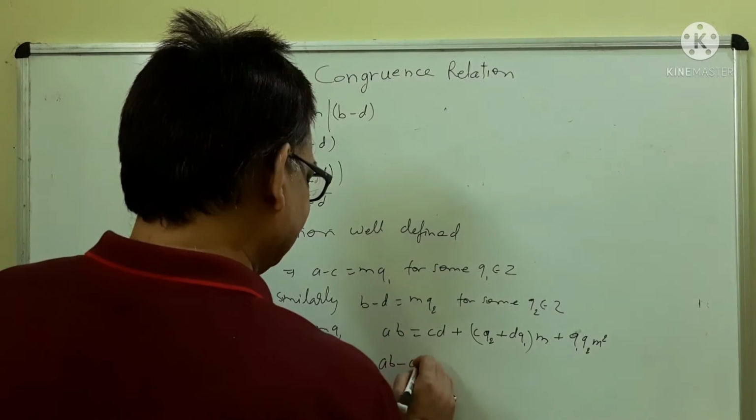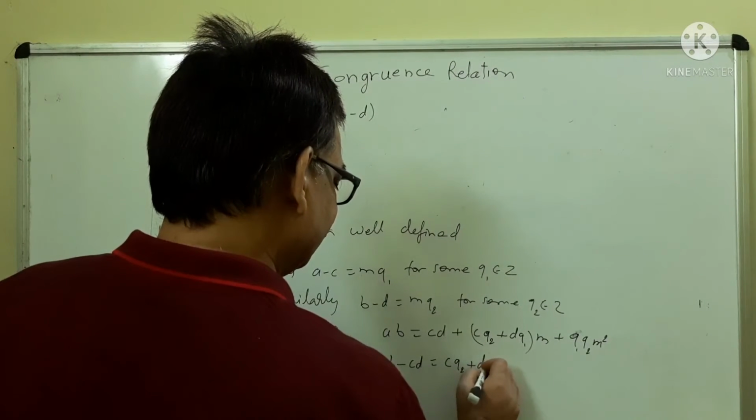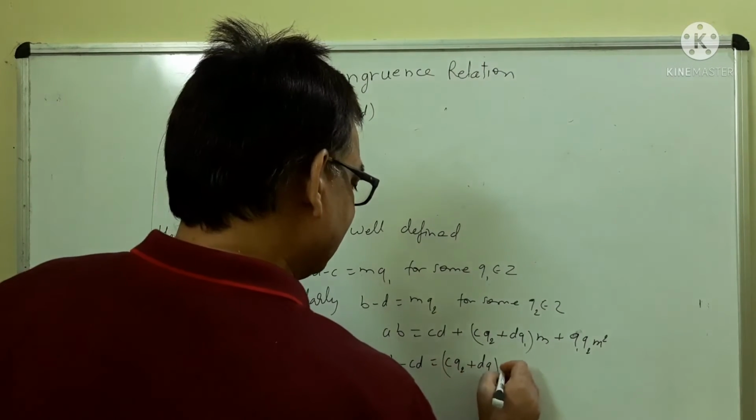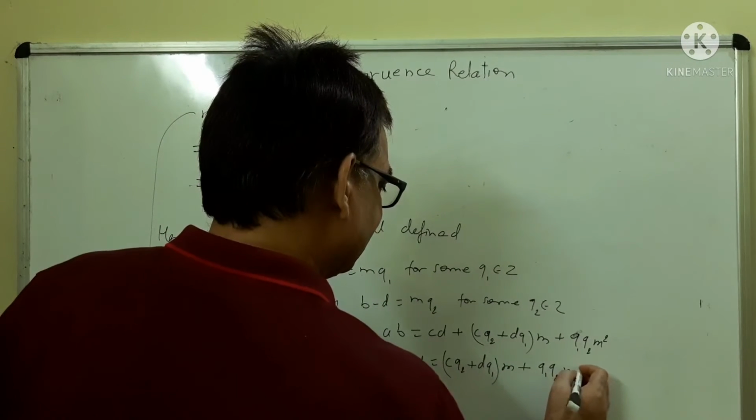ab minus cd is equal to (c q2 plus d q1) m plus q1 q2 m square.